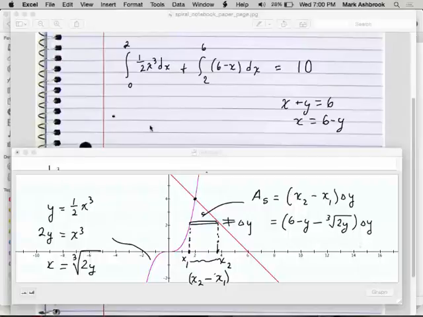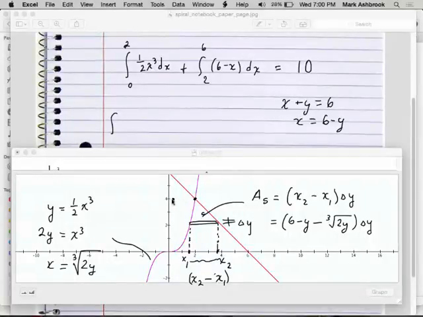And so we can do this in one integral by doing the integral from what to what? Now we're stacking vertically, in terms of y, from the lowest typical strip up to the highest typical strip.